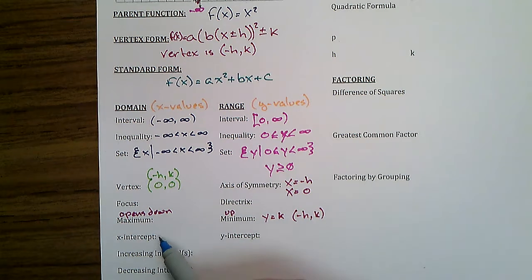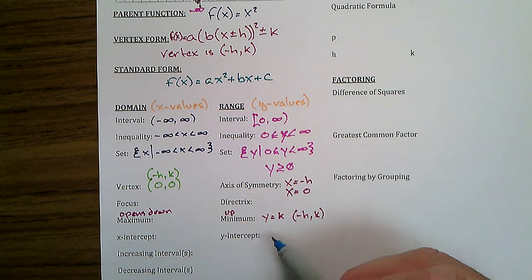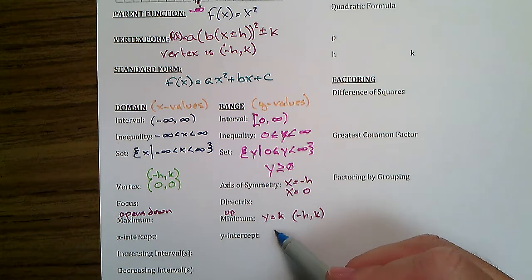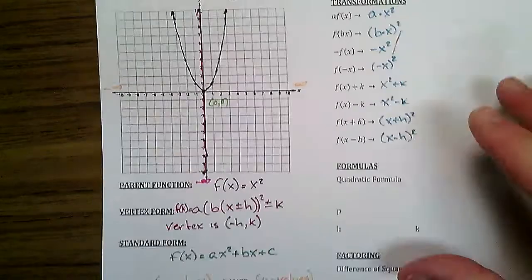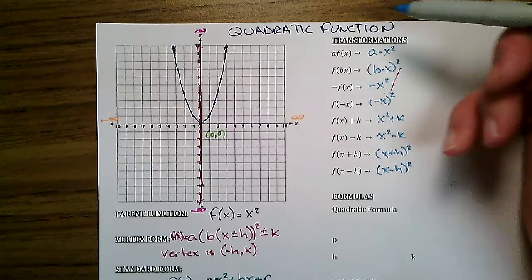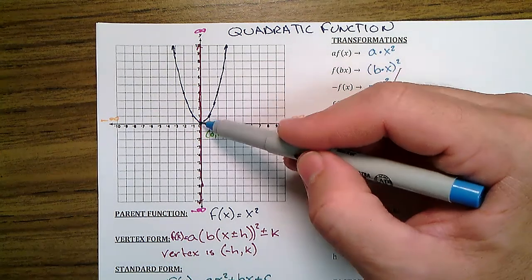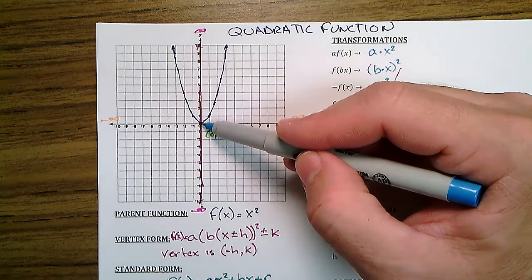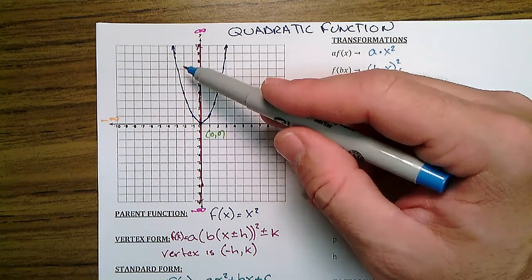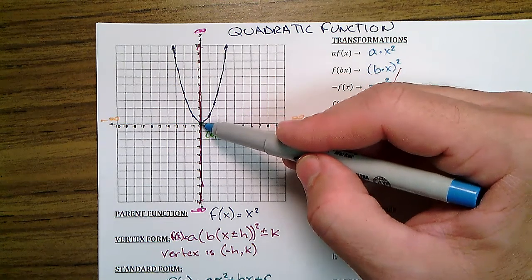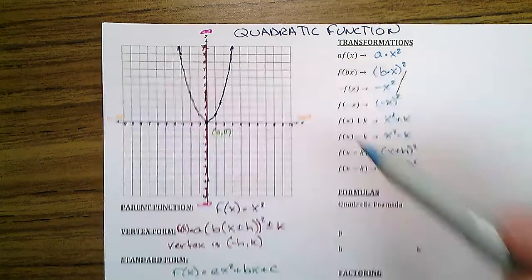Now your x-intercept, remember, is where your function crosses your x-axis, and your y-intercept is where it crosses the y-axis. If we look at our graph, this parent function only has one x-intercept, and it's at the vertex at (0, 0). Likewise, it has one y-intercept, also at (0, 0).